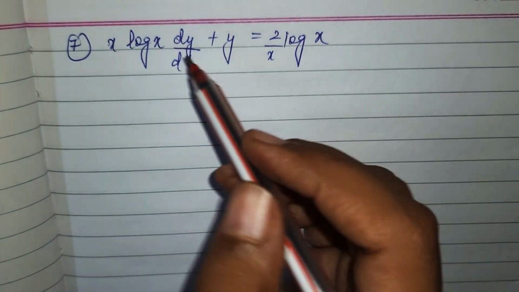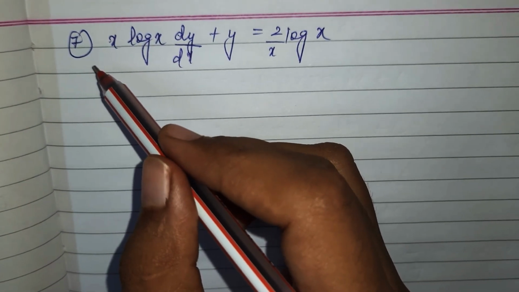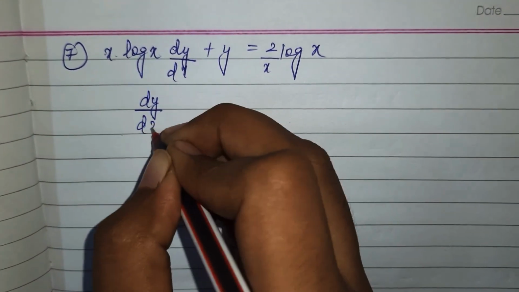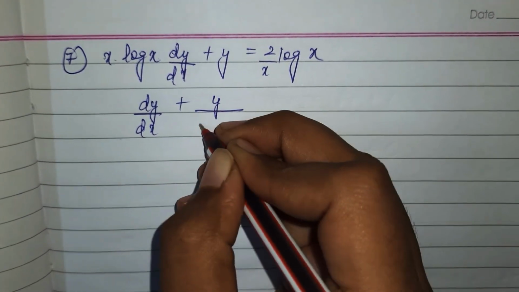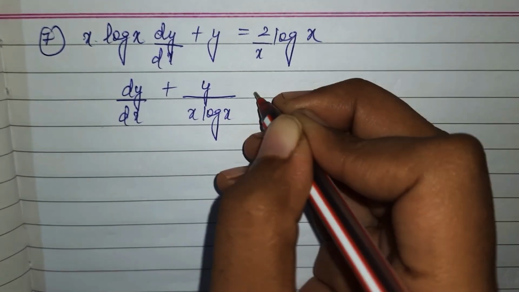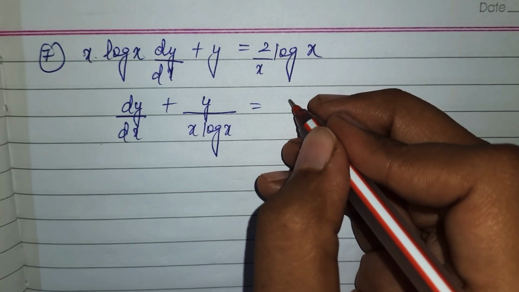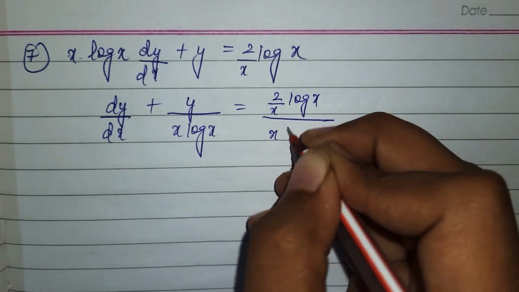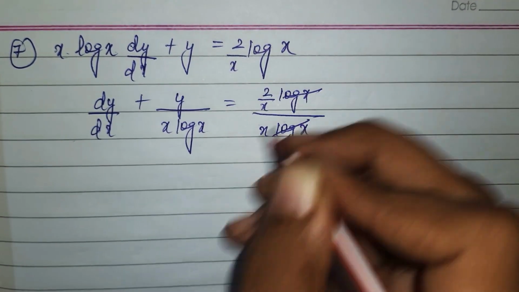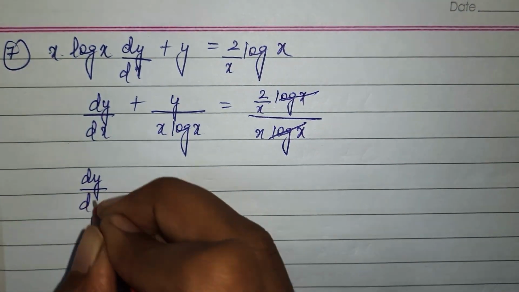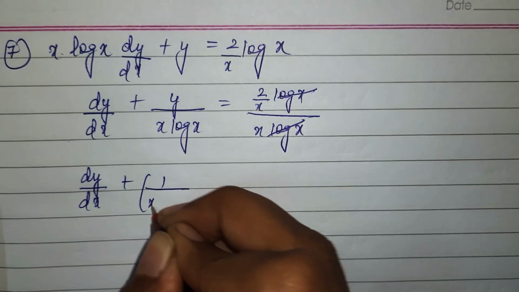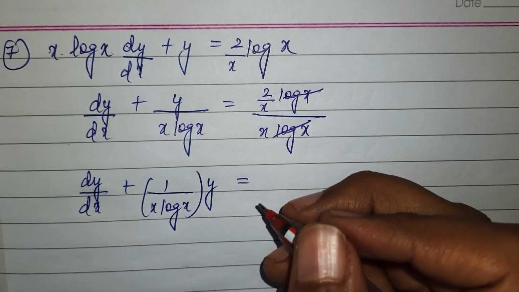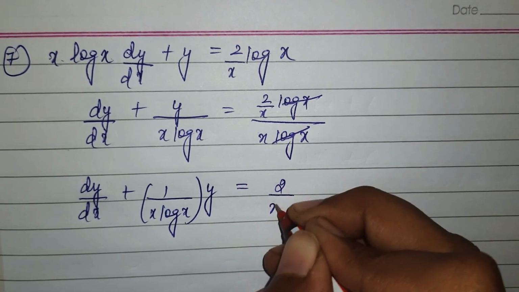If I divide the whole equation by x log x, I get dy by dx plus y upon x log x equals 2 upon x log x into x, so the x cancels out. So dy by dx plus py equals q, where p is 1 upon x log x, and q is 2 upon x square.